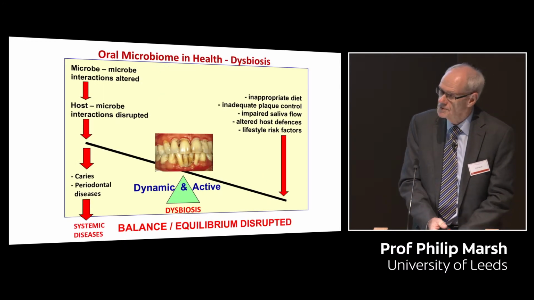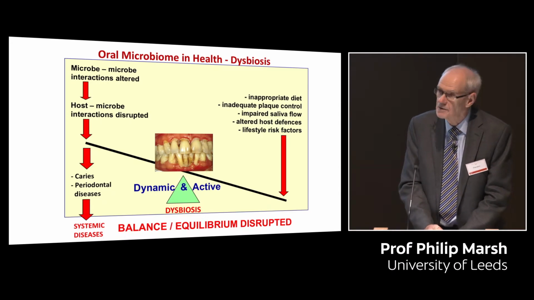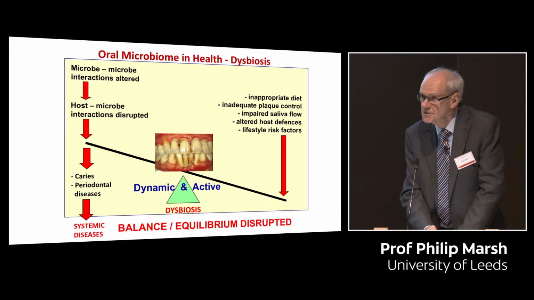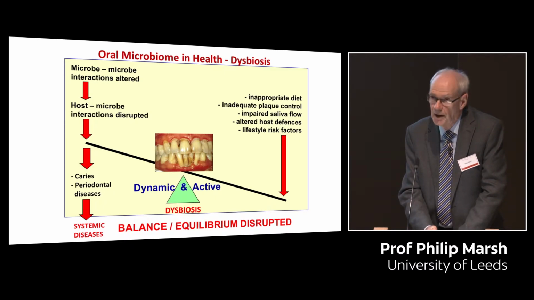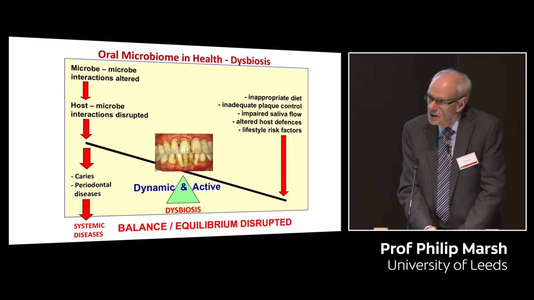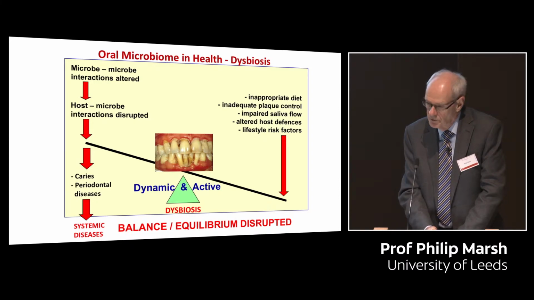So in individuals that don't have an appropriate diet, their oral hygiene may be poor, and it's possible that their saliva flow is impaired, for example, due to aging or to the taking of other drugs. The host defenses can be compromised, and indeed people may have lifestyle risk factors like smoking or their diet.